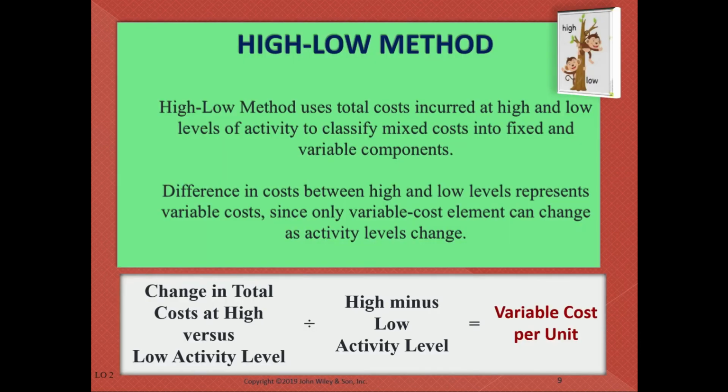The high-low method uses total costs incurred at high and low levels of activity to classify mixed costs into fixed and variable components. The difference in costs between high and low levels represents variable costs, since only the variable cost element can change as activity levels change.